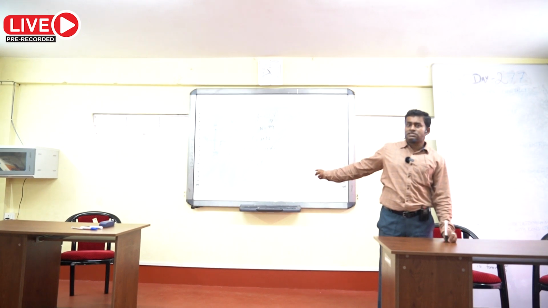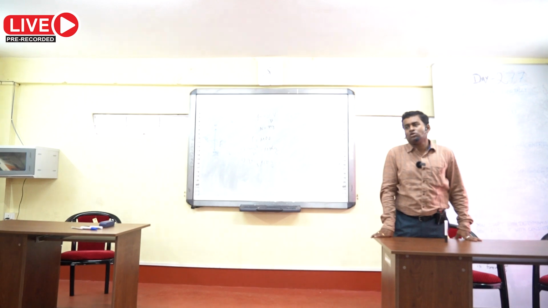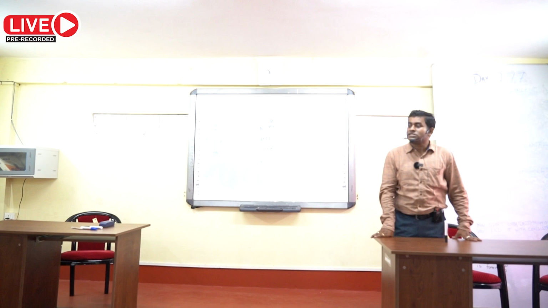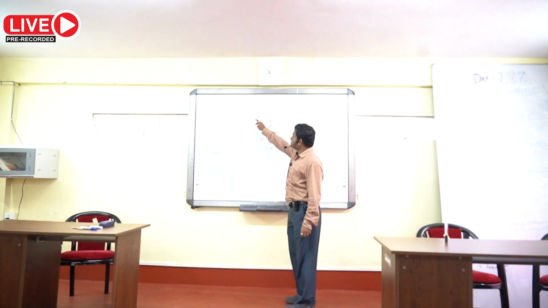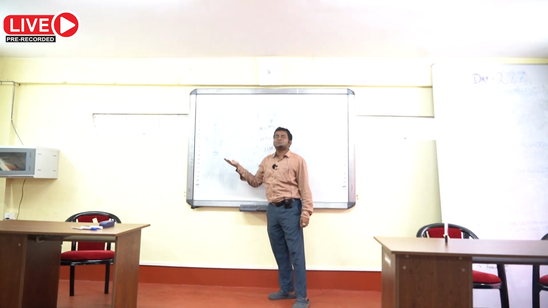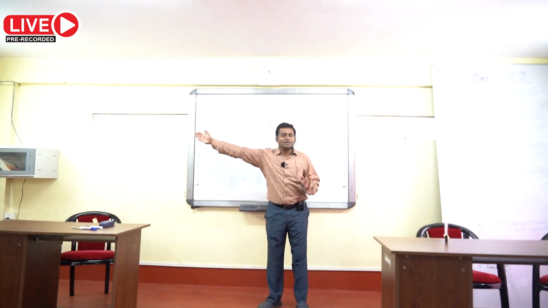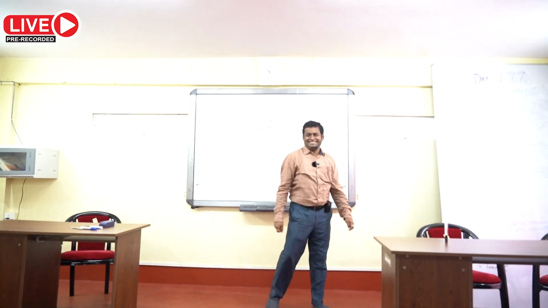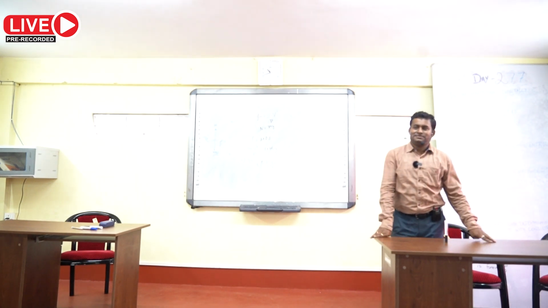If he tries to take a turn with more velocity, then friction cannot stop the centrifugal force, because with more velocity this force mv square by r will increase, but friction cannot increase beyond its limiting value. Then friction cannot stop it, and as a result he will move outside and fall. That is the condition.